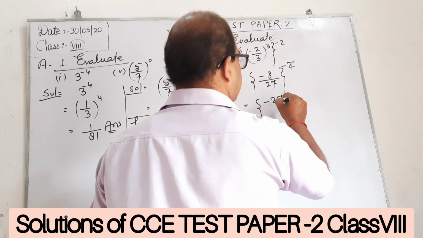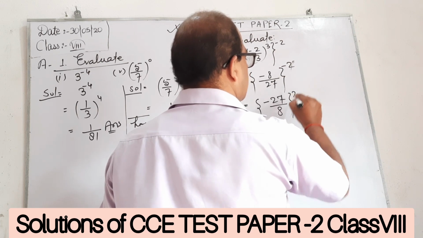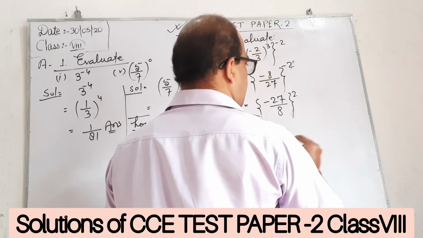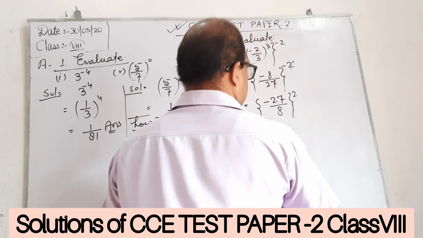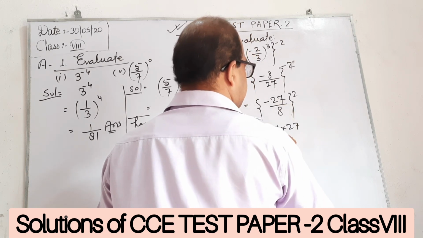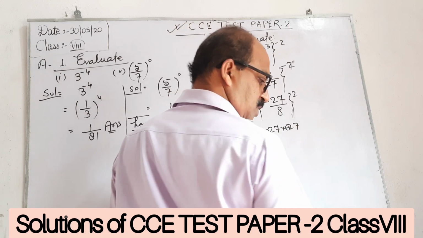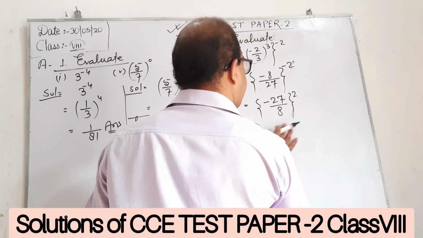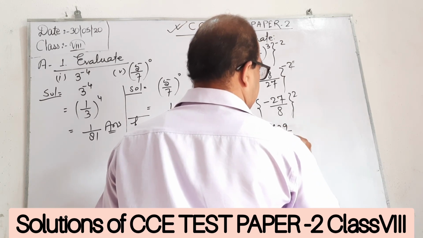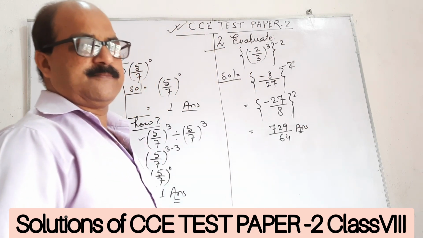So minus 27 by 8 to the power 2. So minus 27 into minus 27, 729. In both places the negative sign is given, so minus minus is plus, and 8 8s are 64. So 729 by 64 is the answer. Hope it is clear.